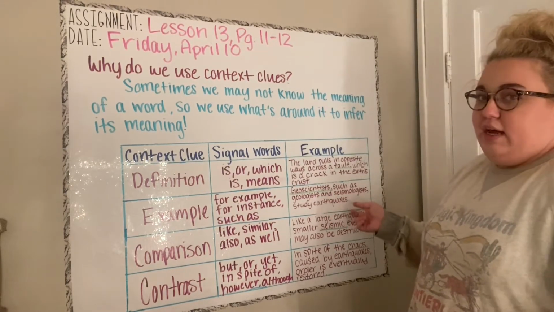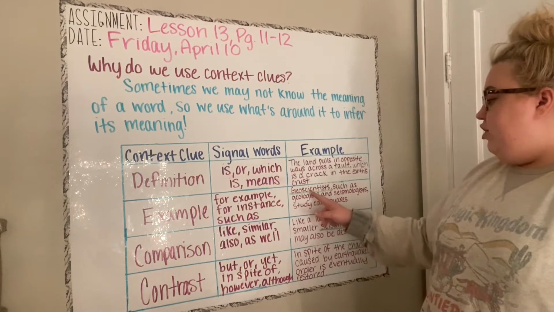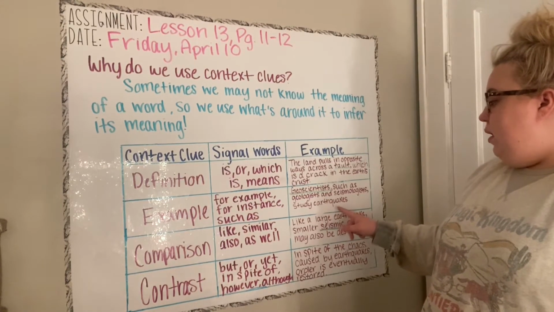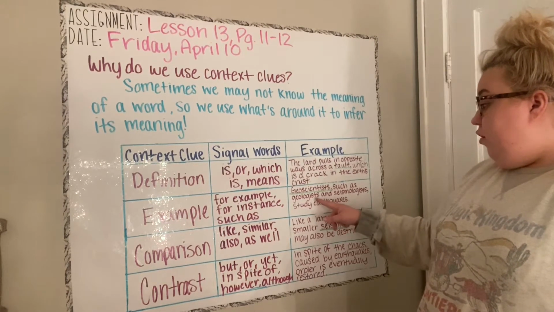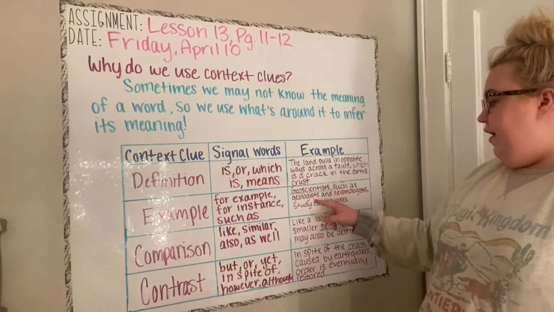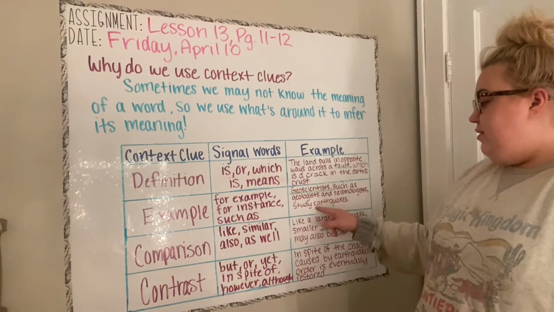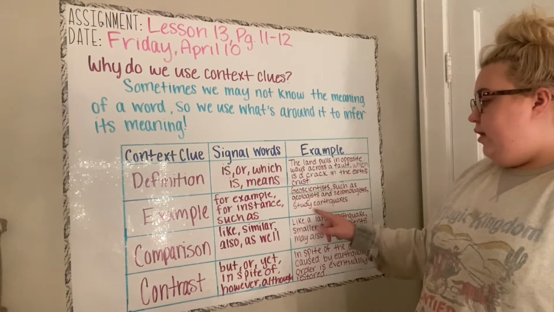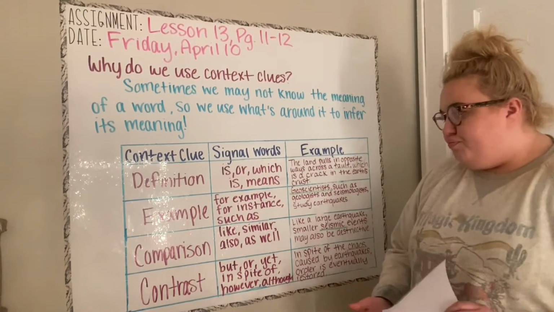Those are types of scientists, right? And then it goes even further to tell us that a geoscientist studies earthquakes. So we know that it's a type of scientist based on the fact that it says such as geologists and seismologists, and we know that that type of scientist studies earthquakes. So a geoscientist is a type of scientist that studies earthquakes.